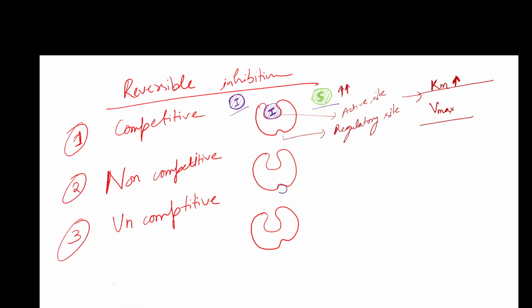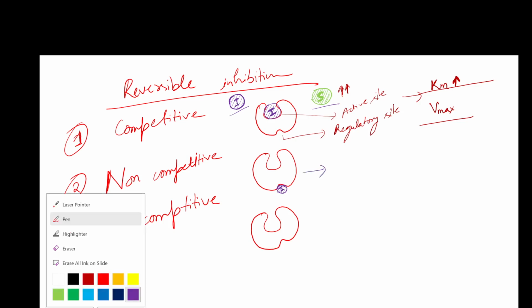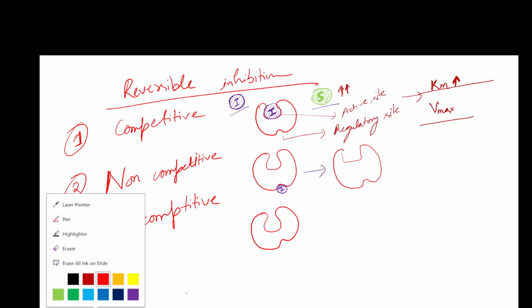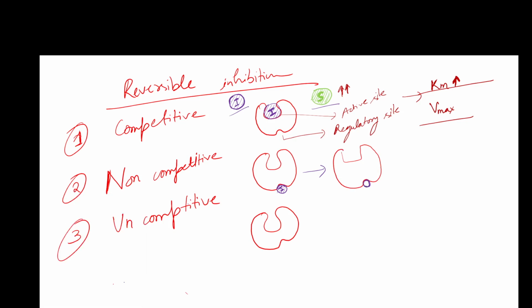So here in this case, the inhibitor binds to the regulatory site of the enzyme, and thus there will be a change in the substrate conformation. So that is why the substrate is no longer a fit here. So no catalytic activity is happening.